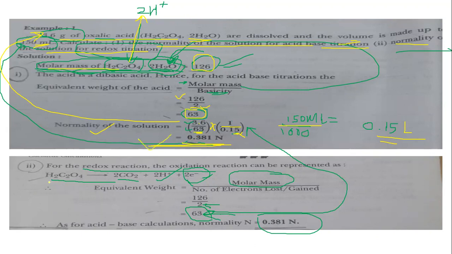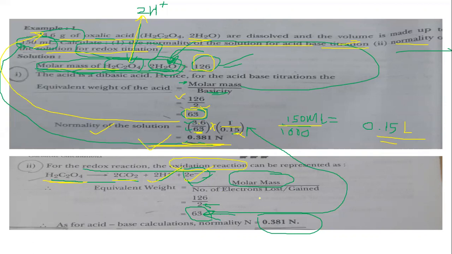Now what happens in this case for the redox reaction? It undergoes a redox reaction. 2 molecules of CO2, 2 H plus ions, and 2 electrons are formed. Whether it is taking or losing electrons, it is losing electrons. So it undergoes oxidation. As I said, loss of electrons is called oxidation.